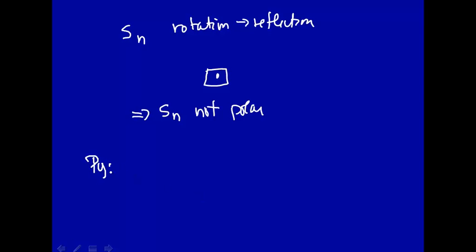Pyridine looks like a benzene ring, with N and carbons around, except one of the carbons has been replaced by a nitrogen. Pyridine is C2v symmetry. It's just like water, even though it has a completely different structure. So as a C2v, this implies that pyridine is polar.